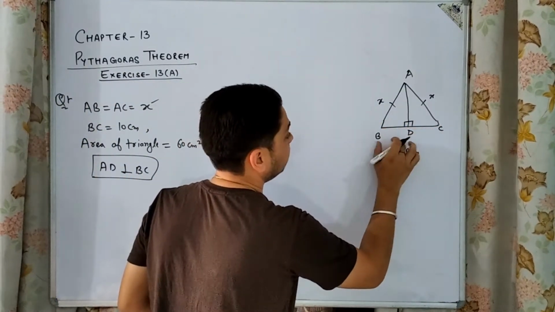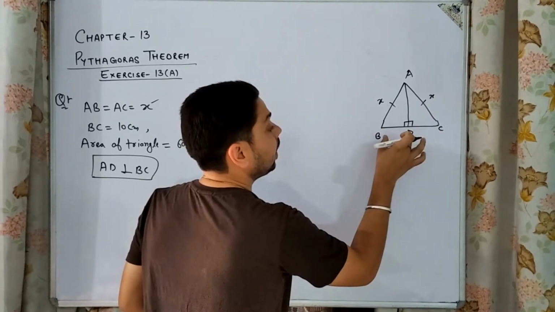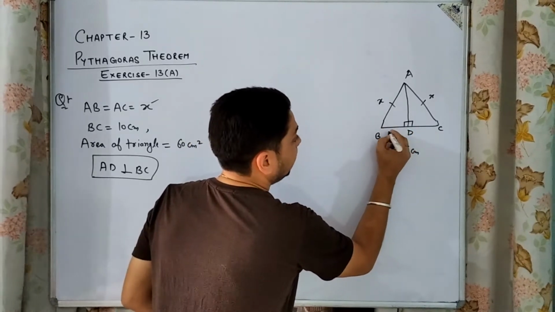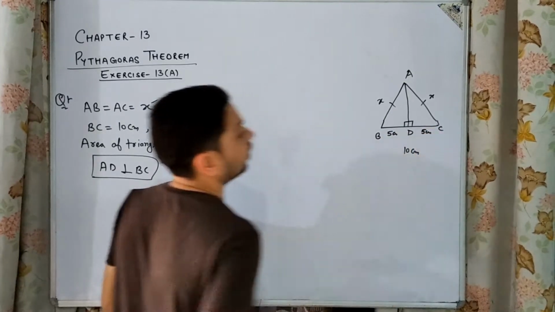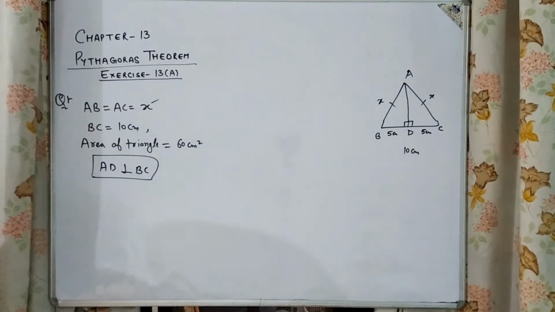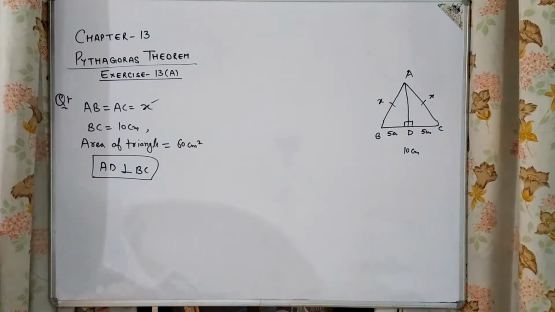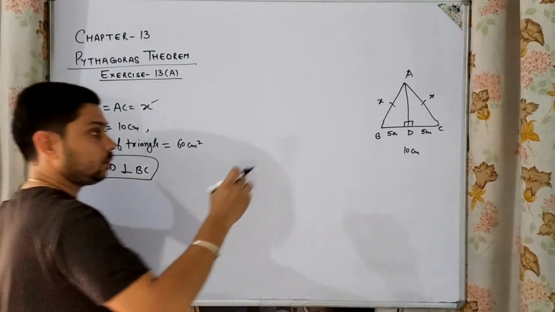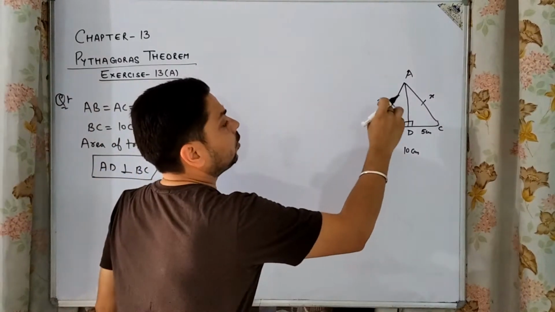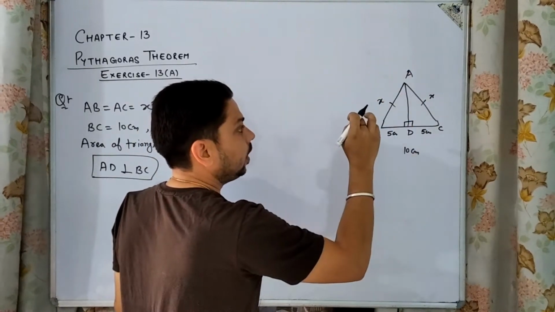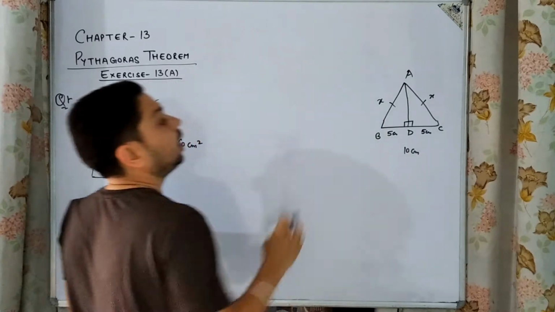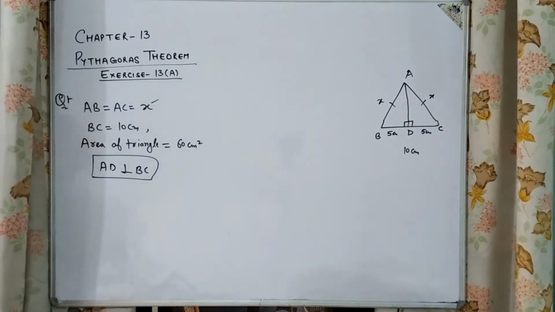We have BC as 10 centimeter, so BD will be equal to 5 centimeter and 5 centimeter. The base will also be divided into two equal parts. Now we'll take triangle ADB and find the value of AD.